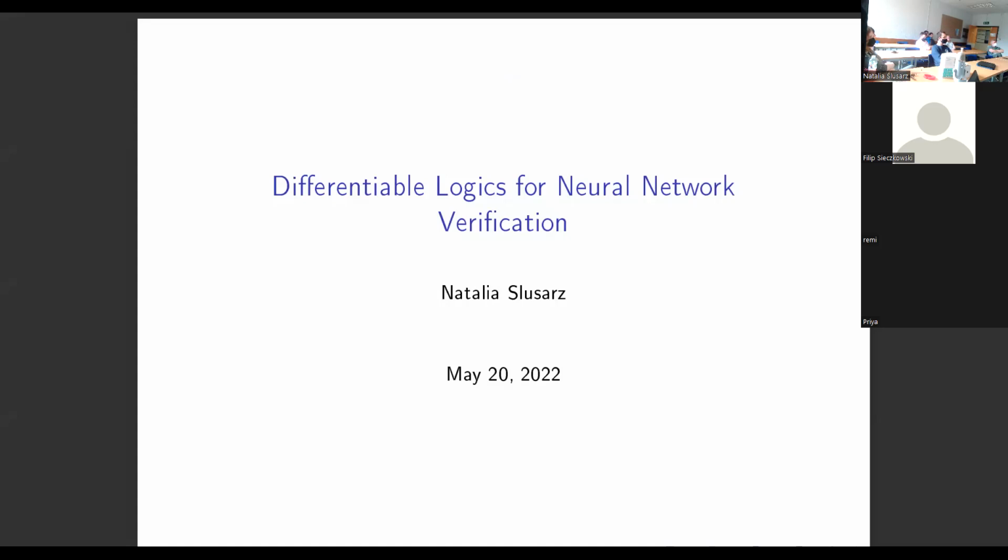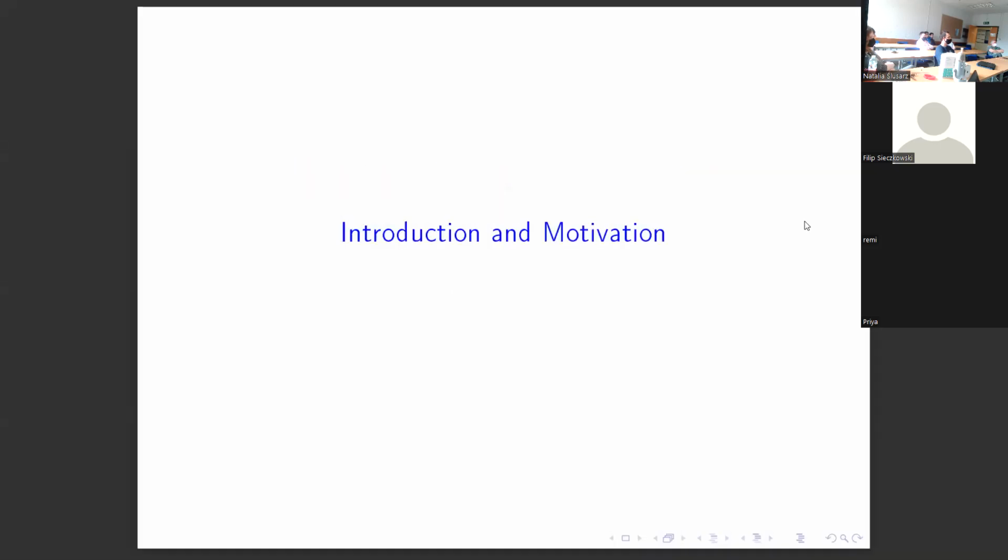This is differentiable logics for neural network verification. This is still the same name. It just reflects better what I'm actually going to be talking about, but we will be focused on loss functions for neural networks.